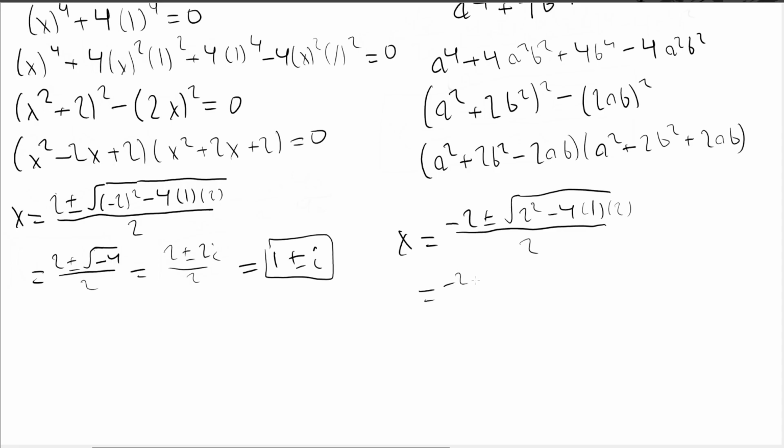So we have negative 2 plus or minus, same thing, negative 4 over 2a, so this is negative 2 plus or minus 2i over 2. So our final answers are going to be 1 plus or minus i and negative 1 plus or minus i.